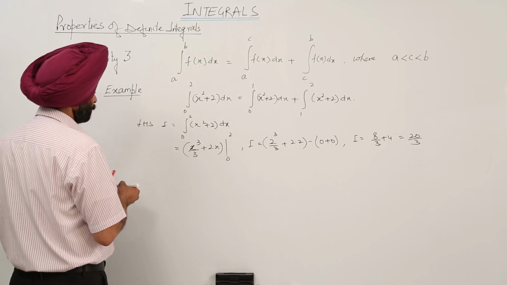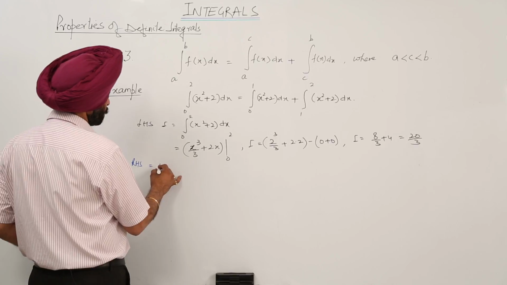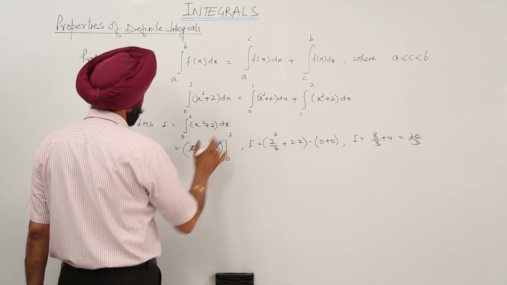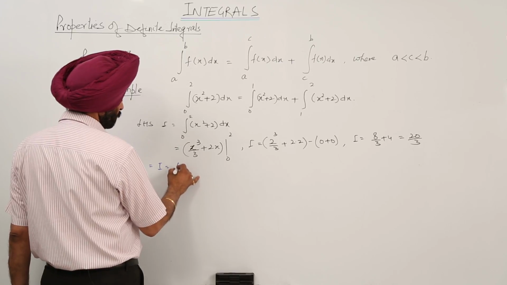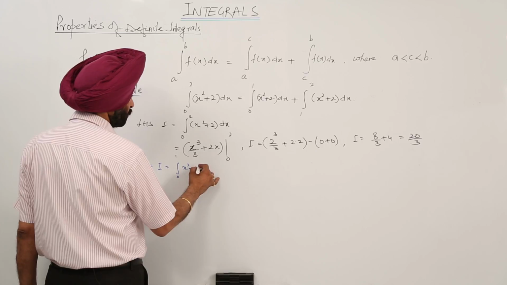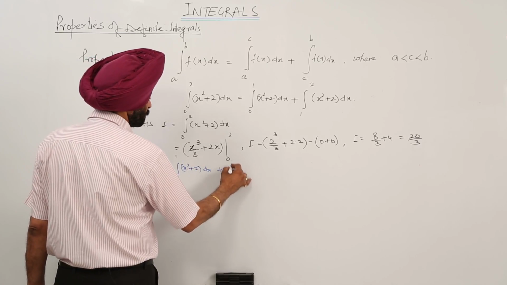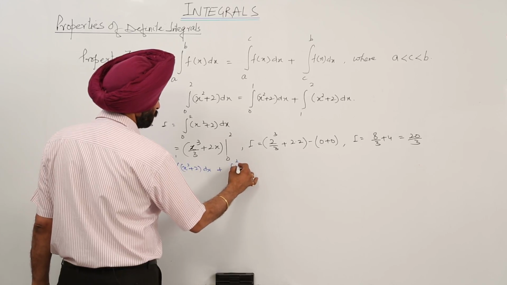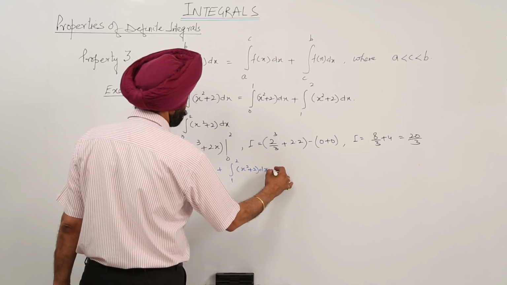Now right hand side. Right hand side is equal to 2 parts we are having. Now 0 to 1 x square plus 2 dx plus 1 to 2 x square plus 2 dx.